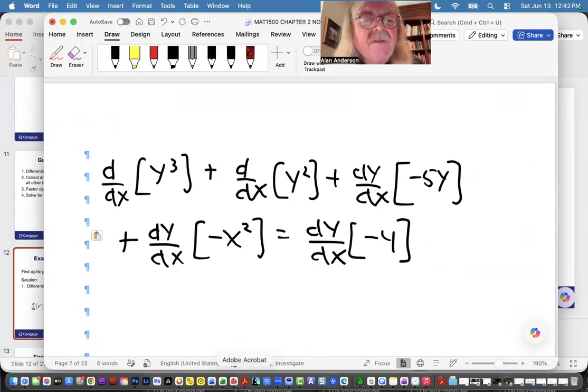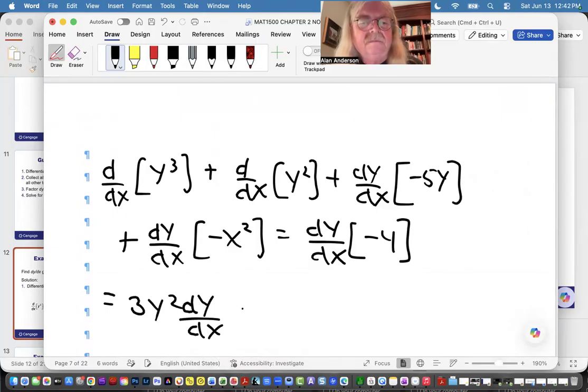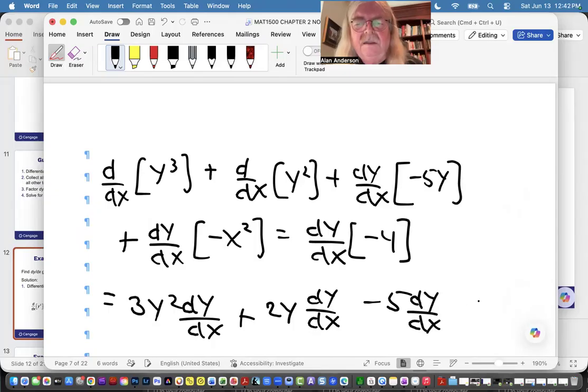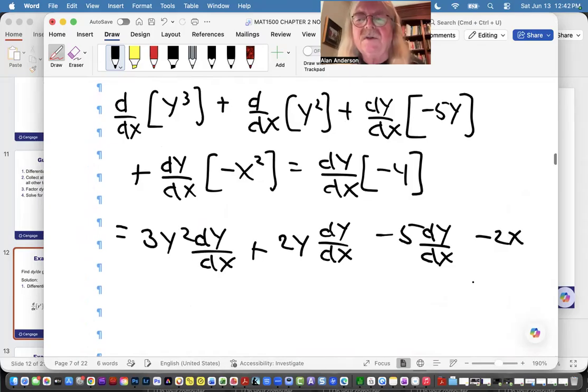So we'll just gather up everything we just did. That's the left-hand side, and the right-hand side equals 0. I just about have room for that.